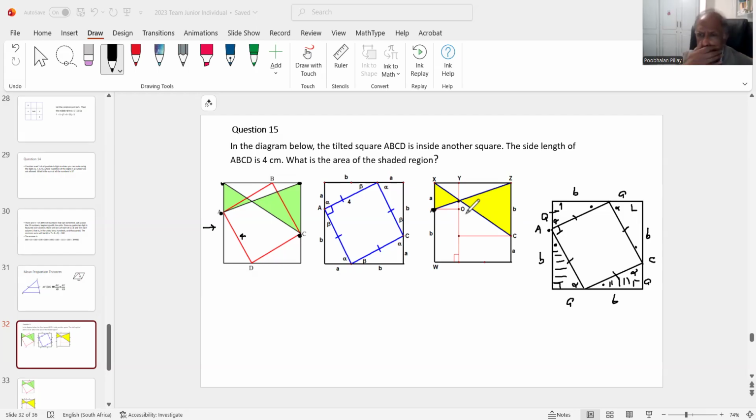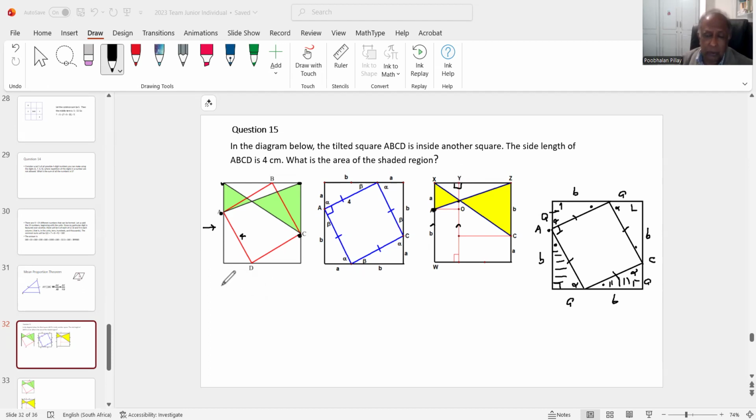Now I want to find the area of the shaded region, and I perform this construction. I draw this line parallel, which will mean that this is 90 degrees, and this is also 90 degrees. Now comes the tricky part, namely the xy.